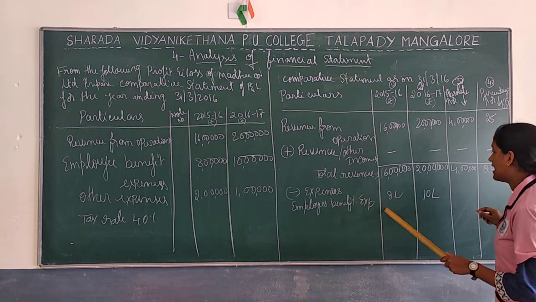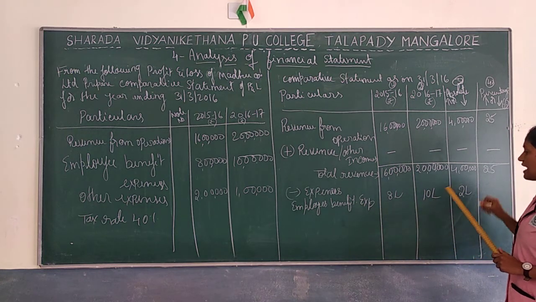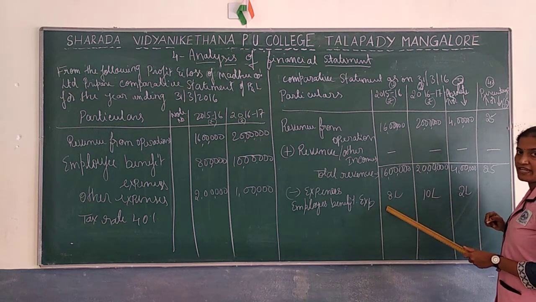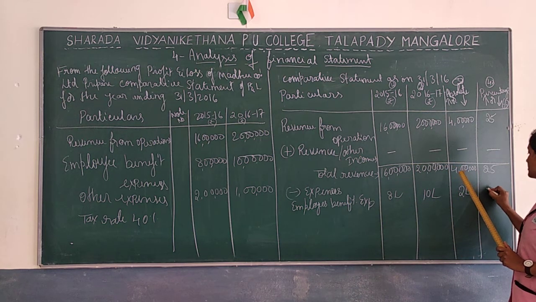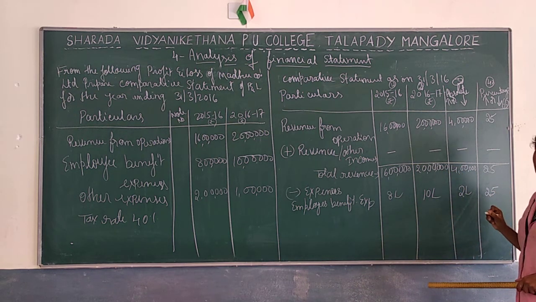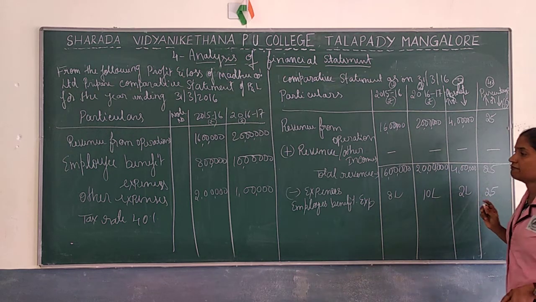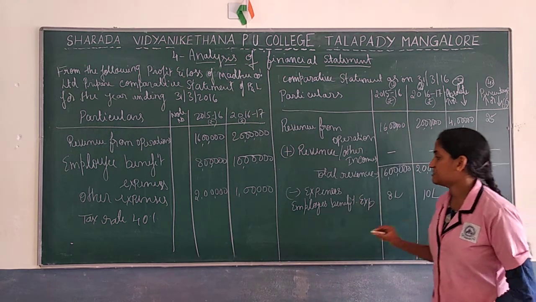You will get 2 lakh. So 2 lakh divided by 8 lakh into 100, which is 25. Next, other expenses are there.